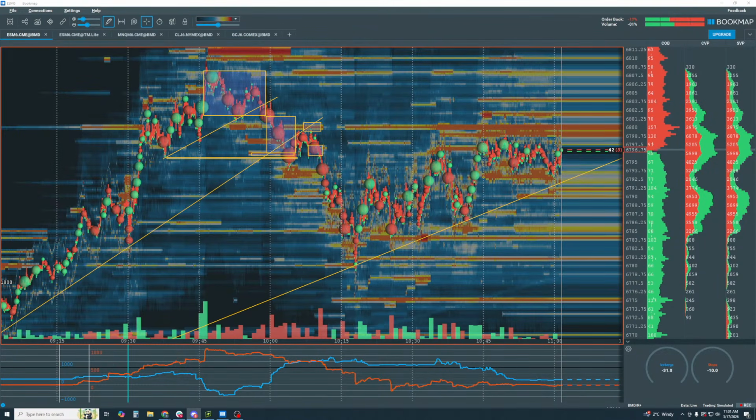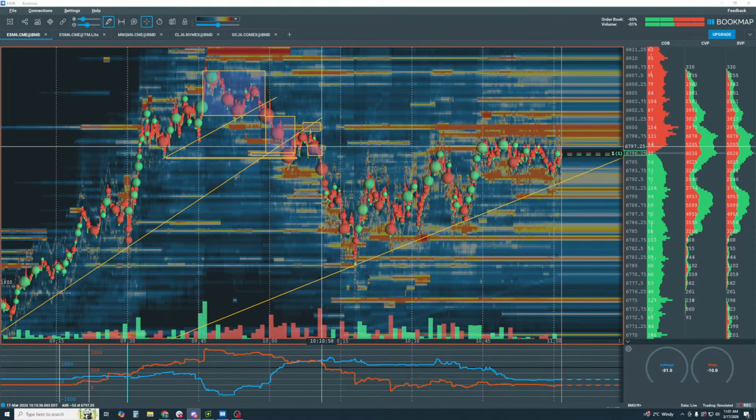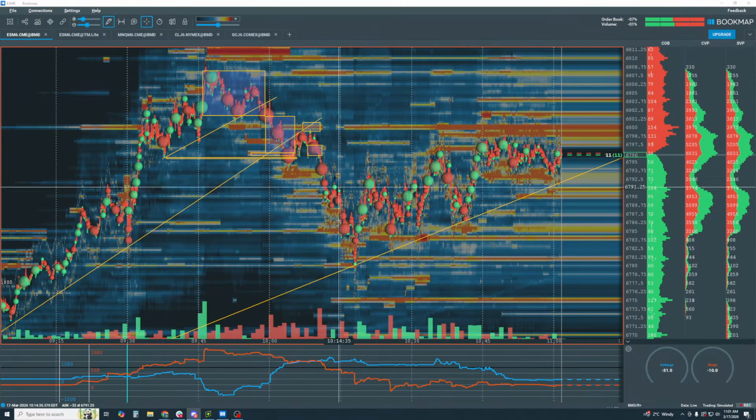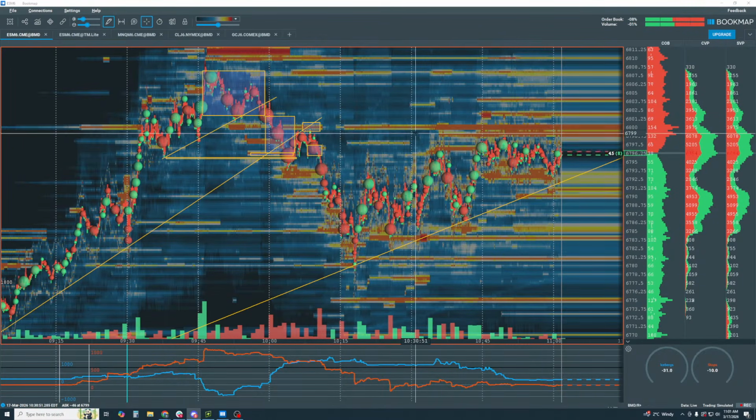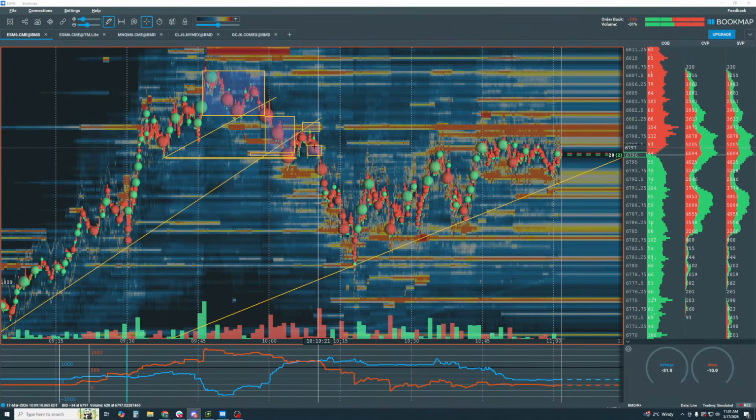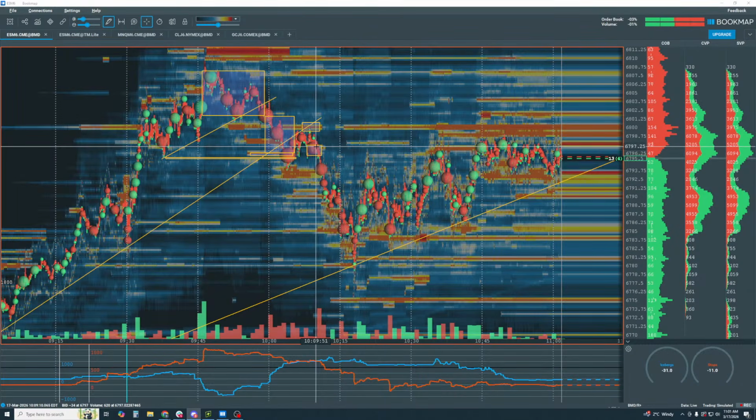Let's see. Yeah, exactly, right in here somewhere. Beautiful trade, DNT. And that would be adding to it, right?